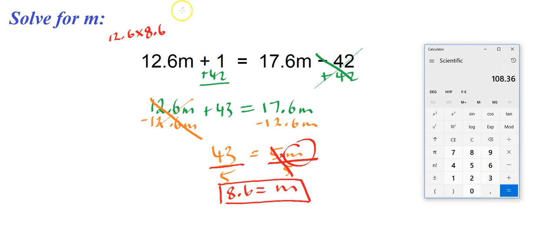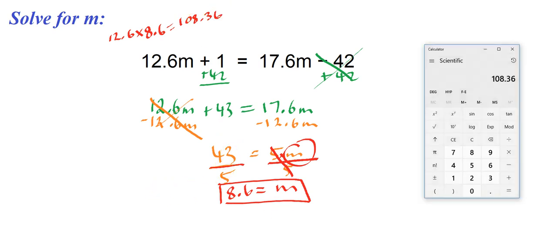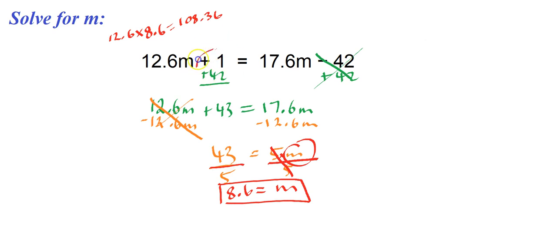That's 108.36, and then we add the 1 that's here, and so that equals 109.36. So the left hand side is worth 109.36.